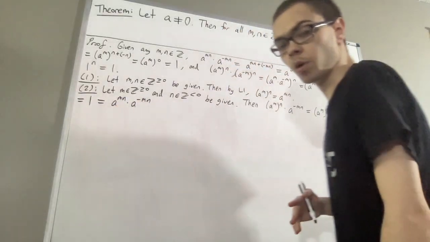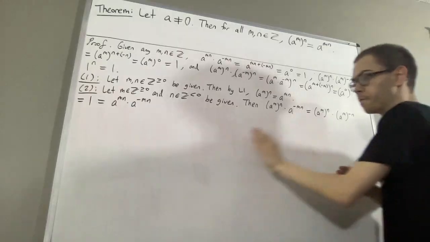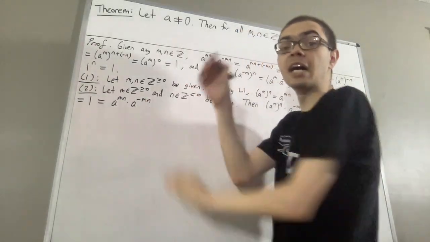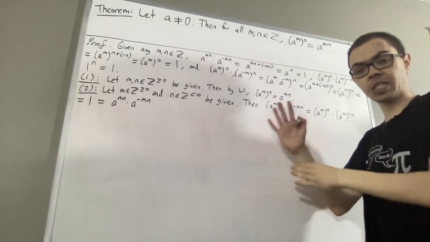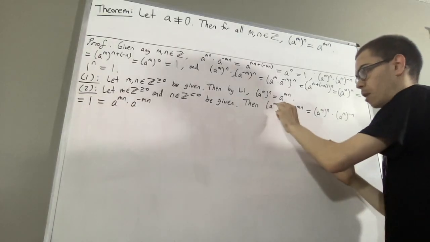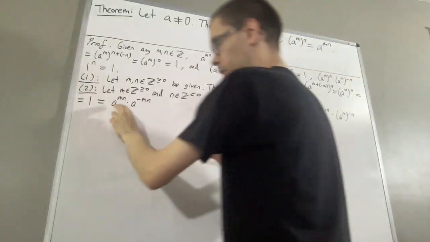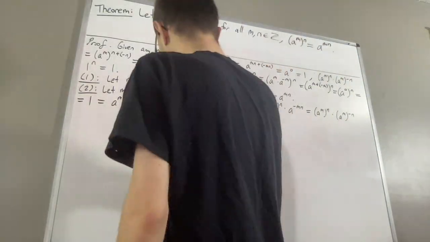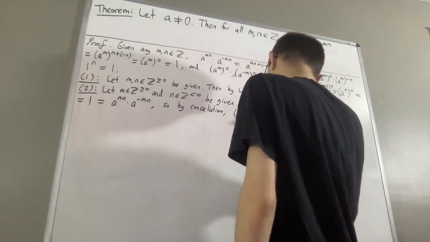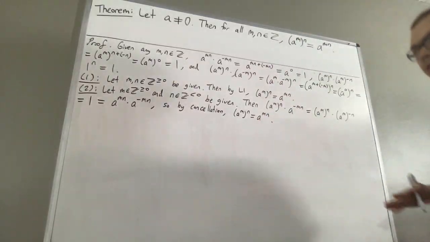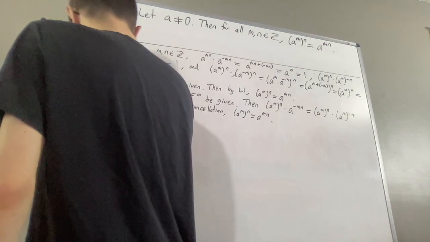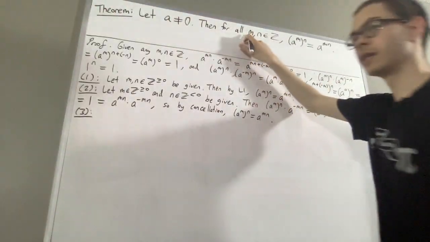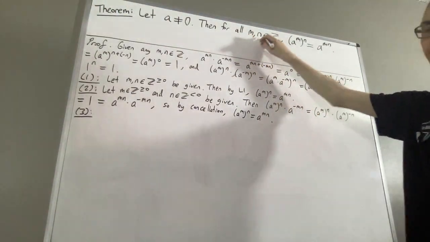But remember, a to the power of negative mn is a non-zero real number by our final preliminary result. So by the cancellation law, we get a to the power of m to the power of n is equal to a to the power of mn. And that's it. So now let's move on to our third combination. We will give ourselves an arbitrary negative integer m and an arbitrary non-negative integer n.